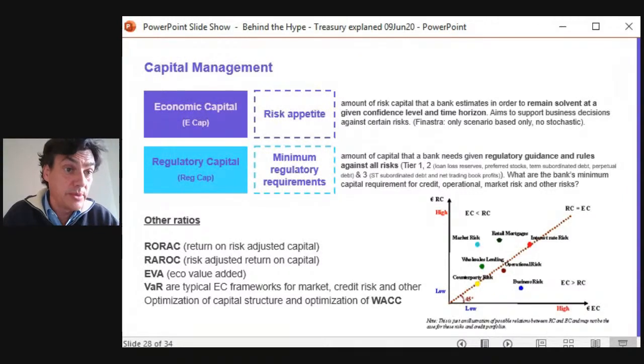Well, the regulatory capital is what is imposed by the regulators to run the same bank, and very often you have a big difference between those two, and it has implications in terms of market risk, in terms of allocation of capital, in terms of defining what is your target and where you want to increase or decrease your market share.